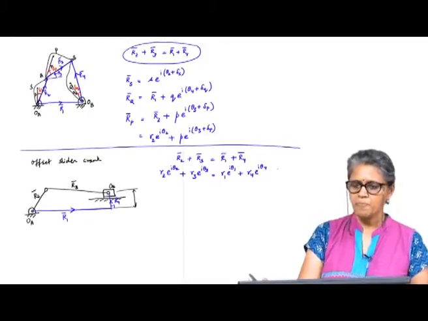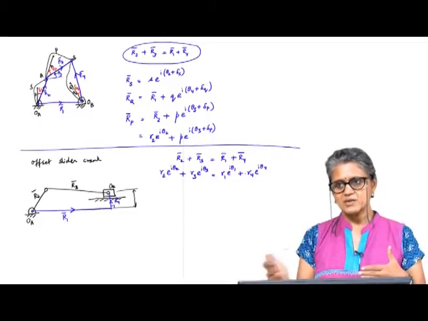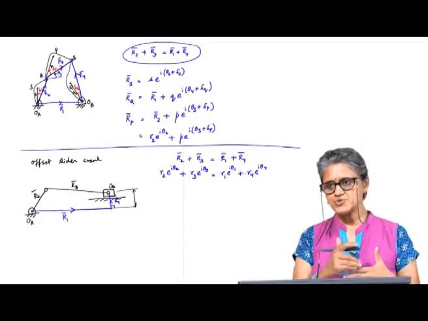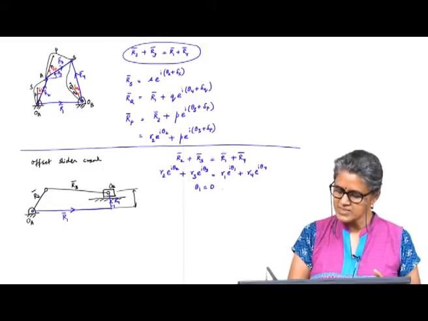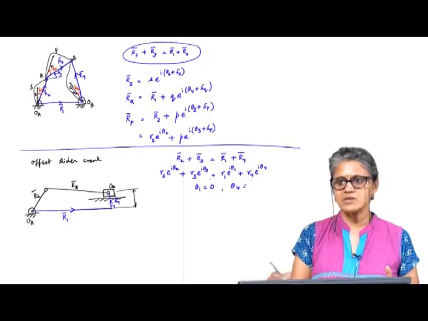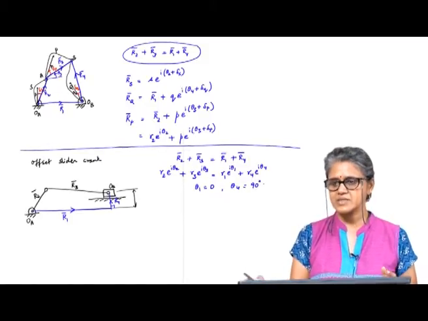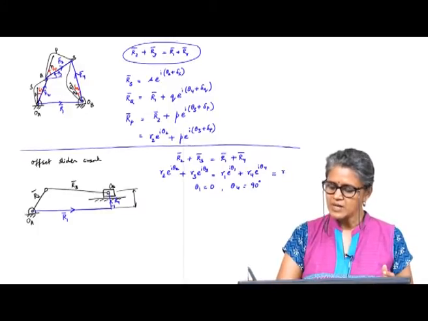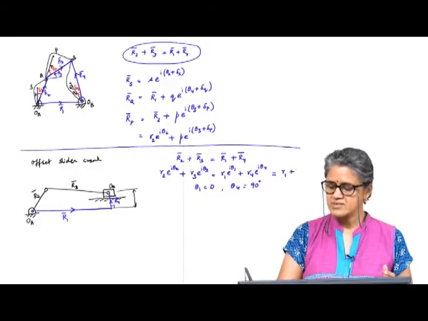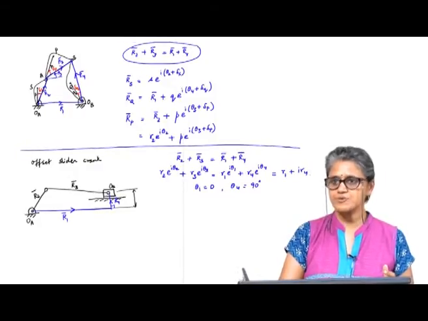Now, I can always choose my axis such that theta 1 is 0, right. I choose it parallel to the path. So, theta 1 equal to 0 and theta 4 I always choose perpendicular to that path. So, theta 4 is 90 degrees. So, this just becomes r1 plus i r4.